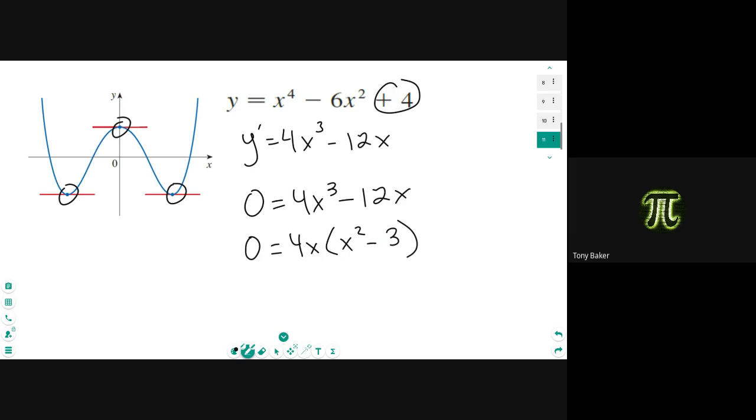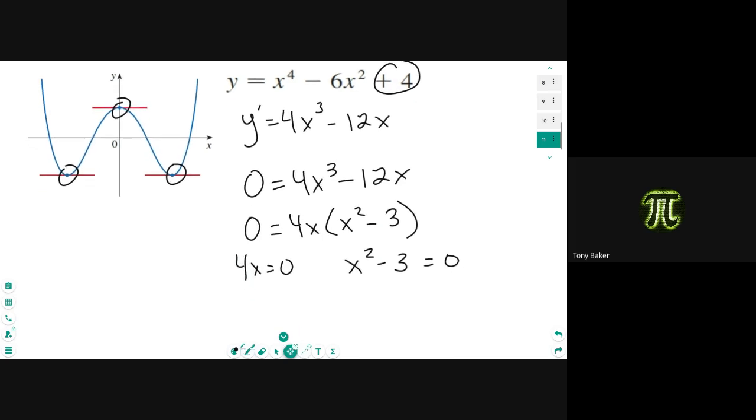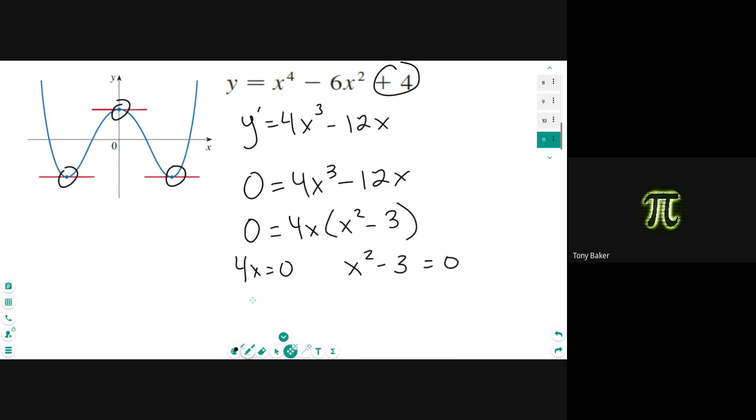Now that it's factored, we can set each term equal to 0. So I have 4x equals 0, and x squared minus 3 equals 0. So 4x equals 0, that means x equals what? 0. And that would be that term, that point, which is good. So that's x equals 0.